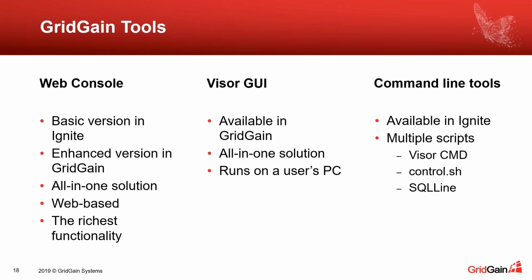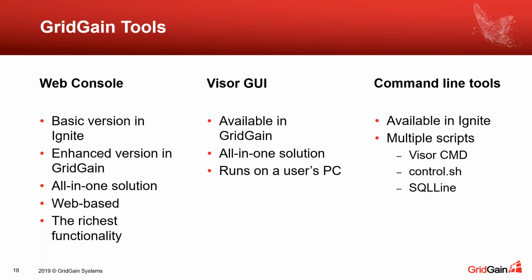This is an all-in-one Java-based solution that runs on a user PC. This is a Java user interface application. It connects to your cluster and provides various ways to monitor and manage the cluster, from checking the topology, to checking all of the processes that run in the cluster, to running SQL queries, and so on.